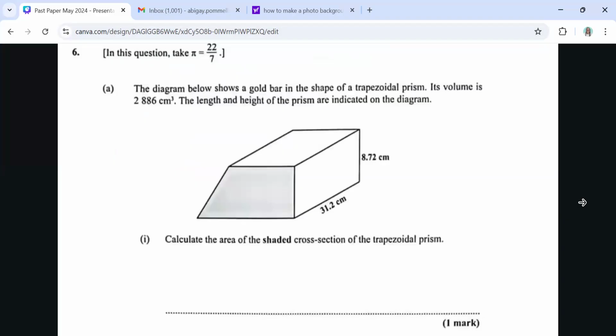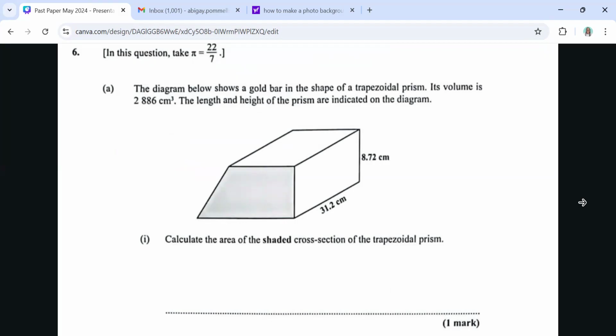All right, moving on. Number 6. The diagram where we know pi equals 22 over 7. The diagram below shows a gold bar in the shape of a trapezoidal prism. Its volume is 2,886 centimeters cubed.